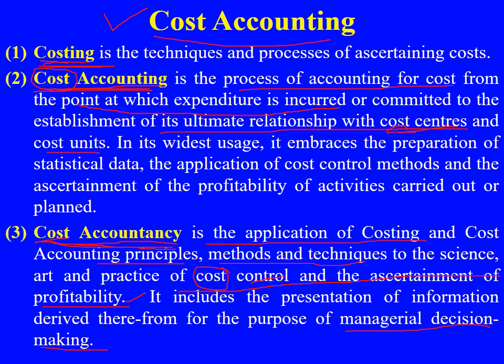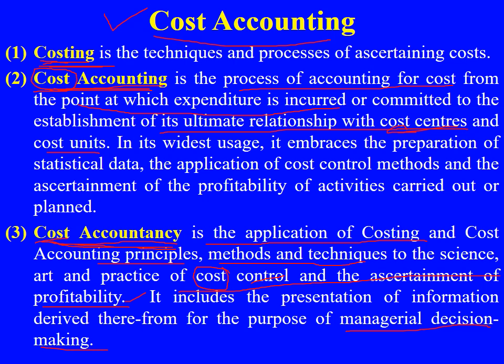So what about cost accounting? In costing we see only the determination of cost associated with the goods or services. But in cost accounting, what we do is account for the cost. We record the cost transactions. We not only record the transactions but also establish the relationship between cost centers and cost units.